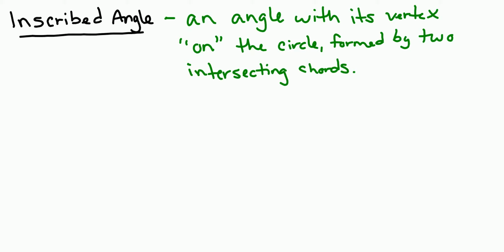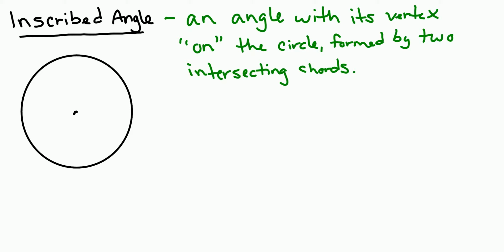Okay, so an inscribed angle is an angle with its vertex on the circle formed by two intersecting chords. Right, so let me show you what that looks like. This is our circle. This is the center of our circle.